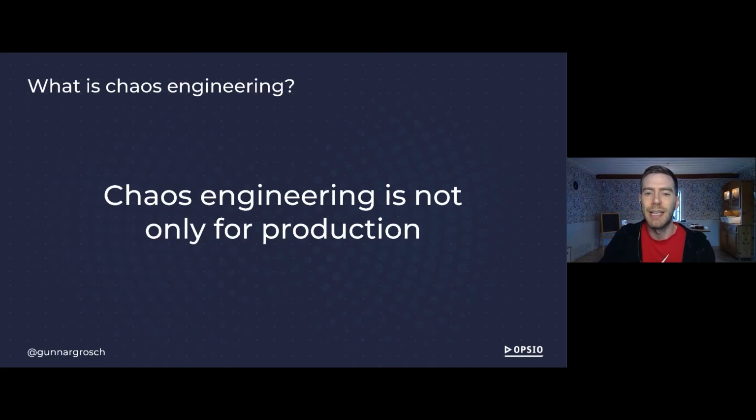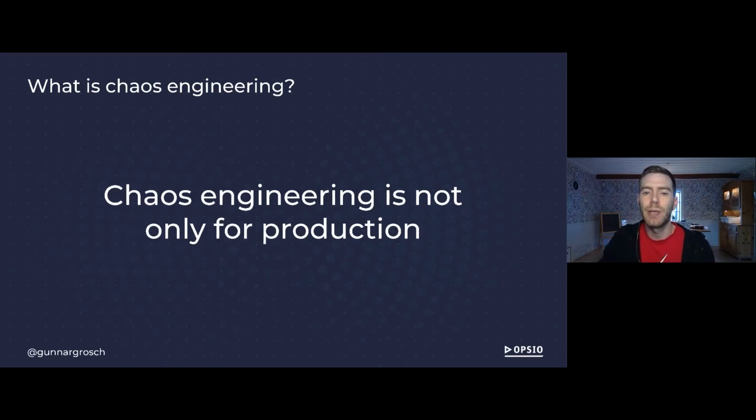Chaos engineering is not only for production. We often hear that chaos engineering should be used in production, and hearing this can be an obstacle for anyone trying to introduce chaos engineering in their organization. Sure, we want to do it as close to production as possible.